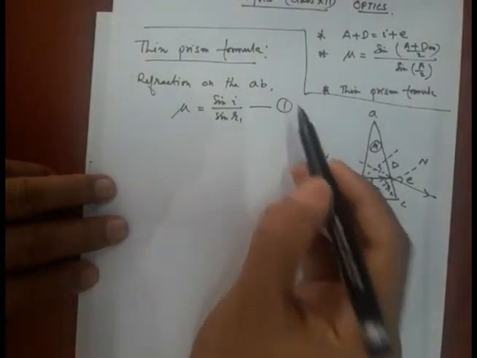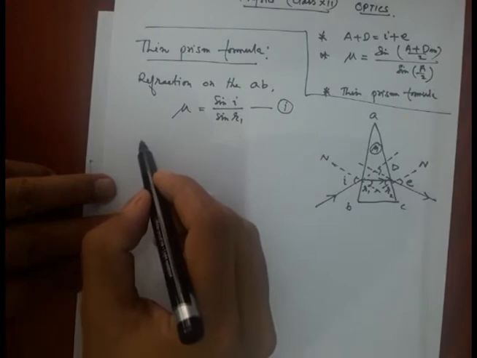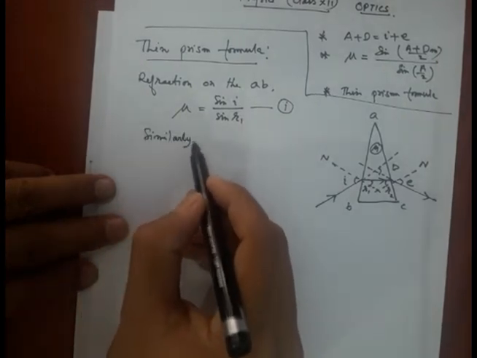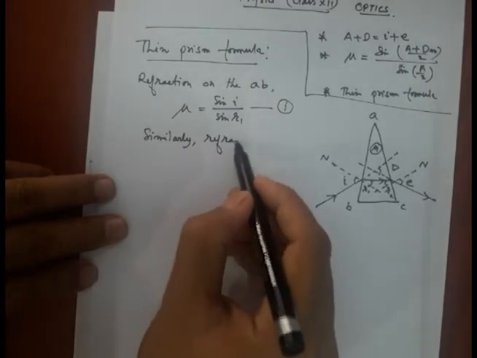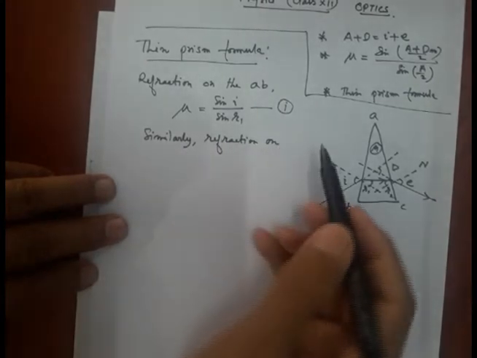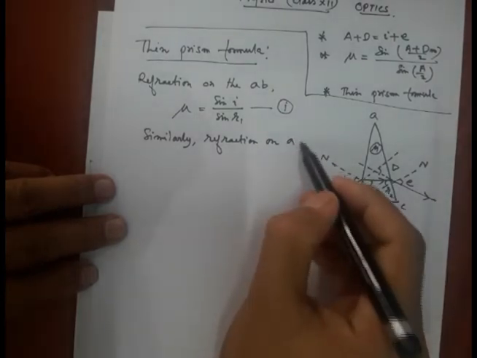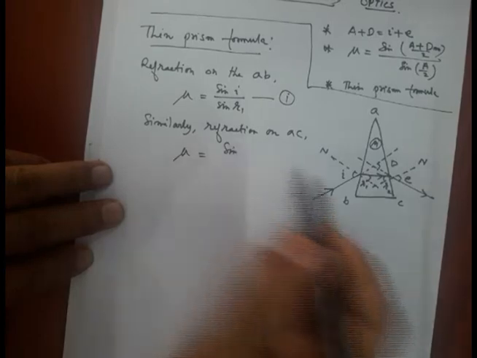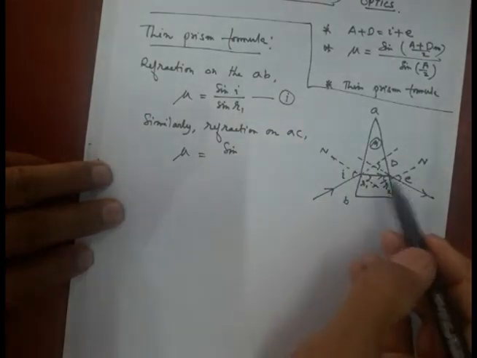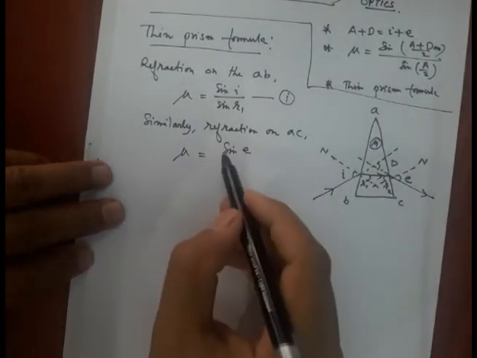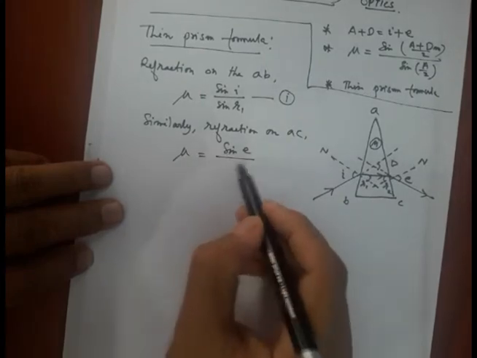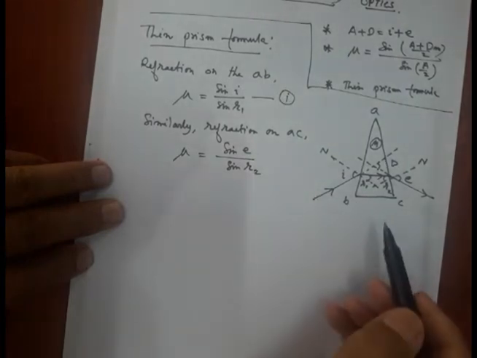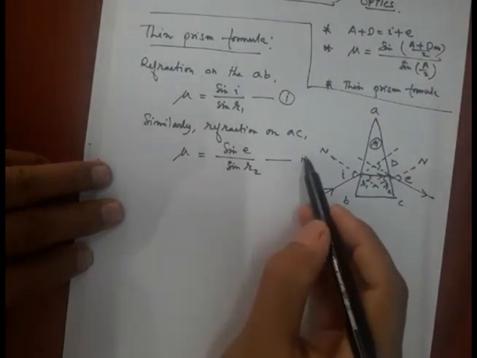This is equation number 1. And similarly, refraction on the other side, AC, we get the same thing. Mu is equal to sine of, but this time I is replaced by E, the angle of emergence, divided by sine of the other angle of refraction, R2. Let me call this equation number 2.